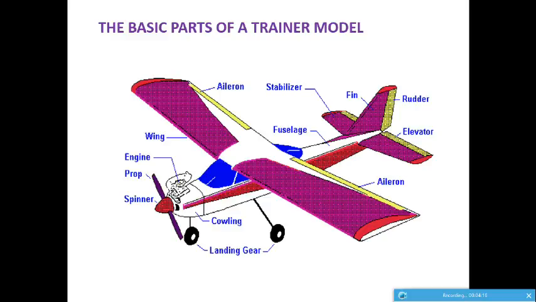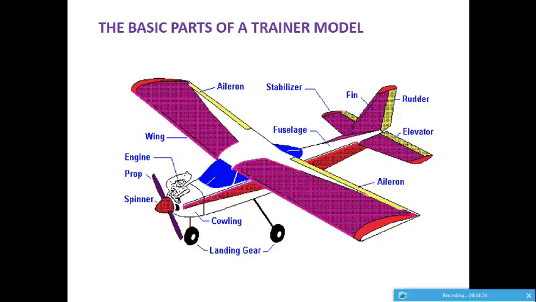So when you compare the real aircraft with the model flying aircraft, all of the basic parts like control surfaces, wing, fuselage, stabilizers, vertical fin, everything remains the same, but only some components you'll find a change when you compare the trainer model, the hobby model, with the real-time flying aircraft.